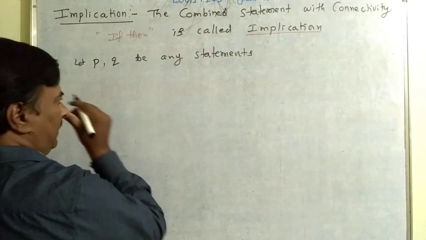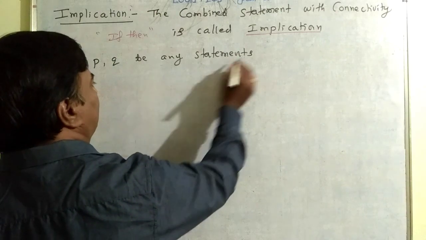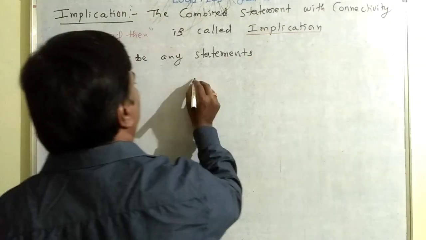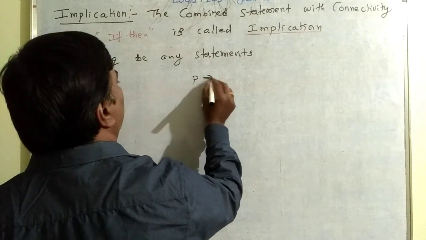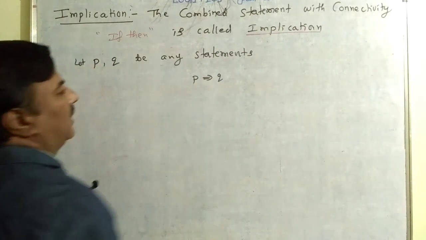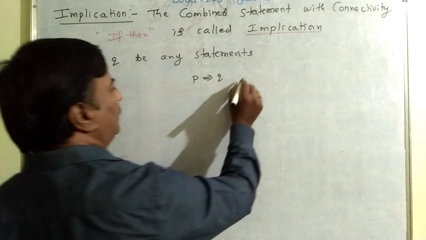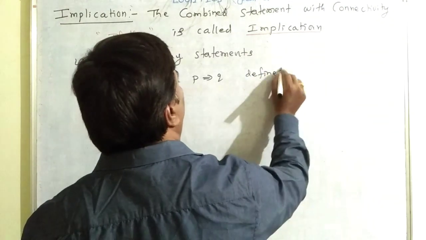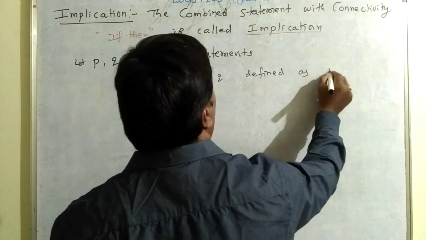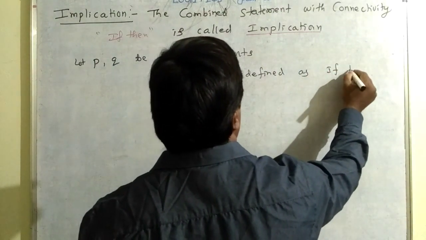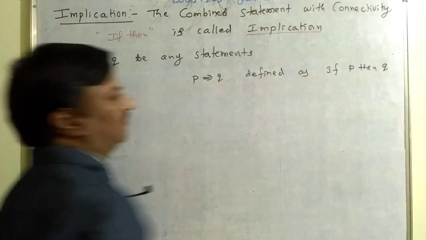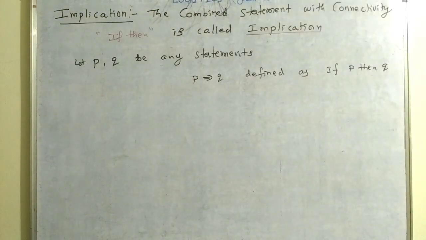Then the implication is denoted by P implies Q, defined as if P then Q, if P then Q.